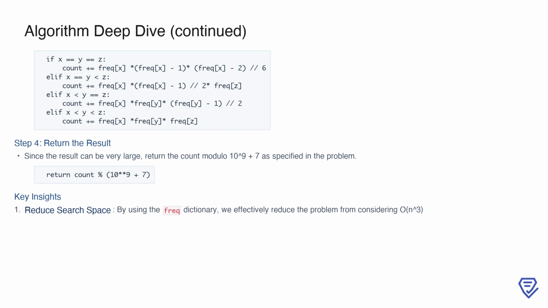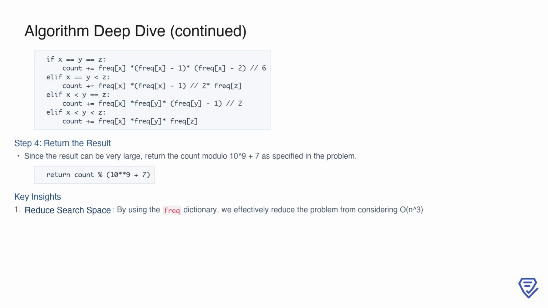Similarly, if x is less than y and y equals z, we compute freq[x] * freq[y] * (freq[y]-1) / 2. Finally, if x, y, and z are all distinct, the count is simply freq[x] * freq[y] * freq[z]. By iterating through these conditions, we ensure that every valid combination of x, y, and z is considered.